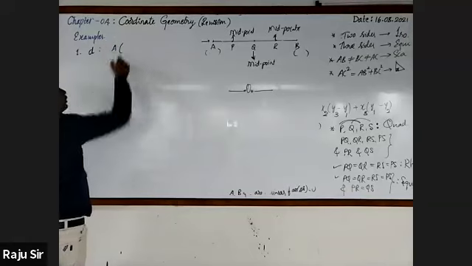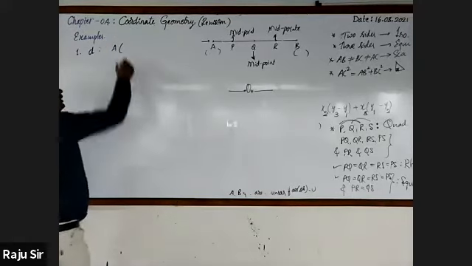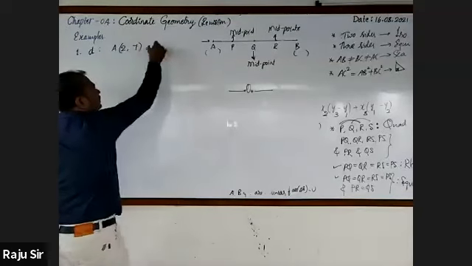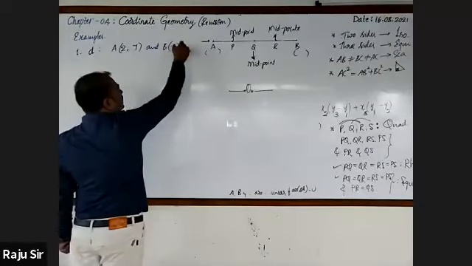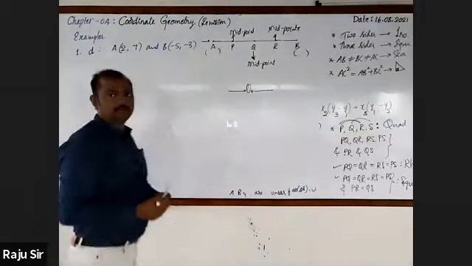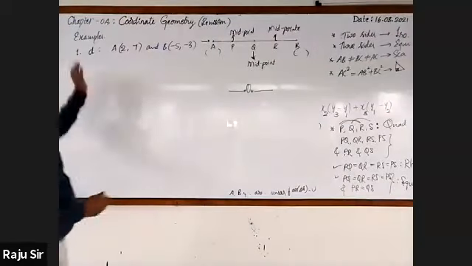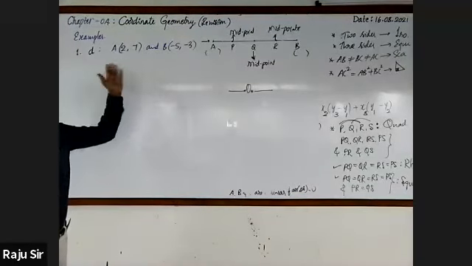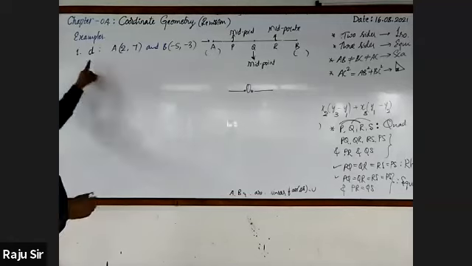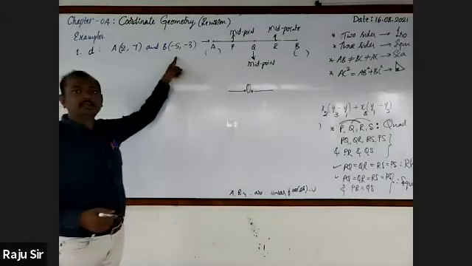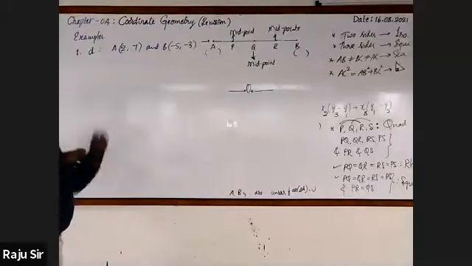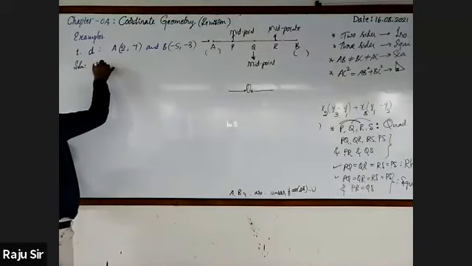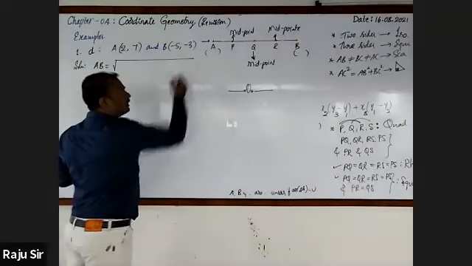I call the 2 points A and B with their coordinates (2, 7) and (-5, -3). I have written the question. You are going to find out the distance between A and B. So obviously we have to use which formula? Distance formula.